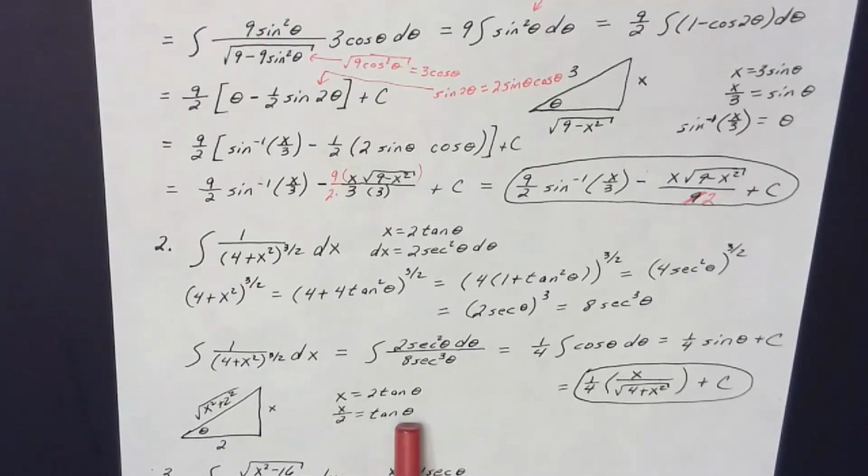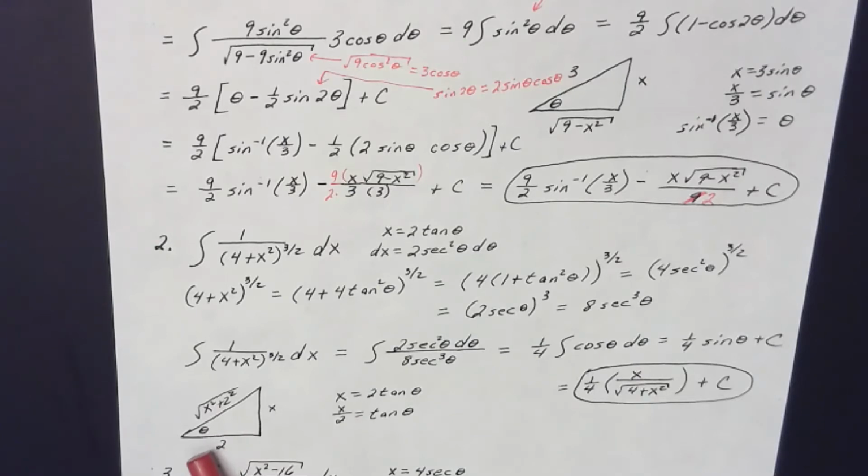So I'm looking at this and saying, okay, that means theta is going to be the angle in a trig triangle in which the side opposite theta is x, the side adjacent to theta is 2, which means your hypotenuse has to be the square root of the opposite side squared plus the adjacent side squared, x squared plus 2 squared, x squared plus 4.